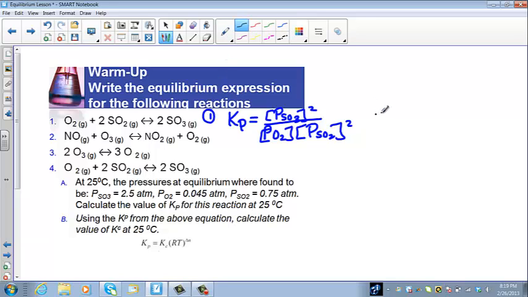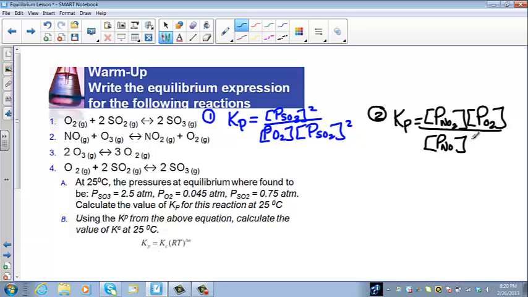Let's do number 2 over here. So we've got Kp is equal to, we have NO2, so we've got the pressure of NO2 times the pressure of O2 over the pressure of NO and the pressure of O3.